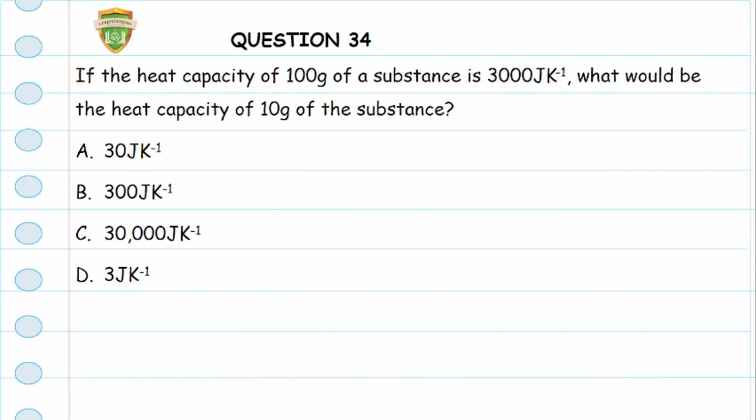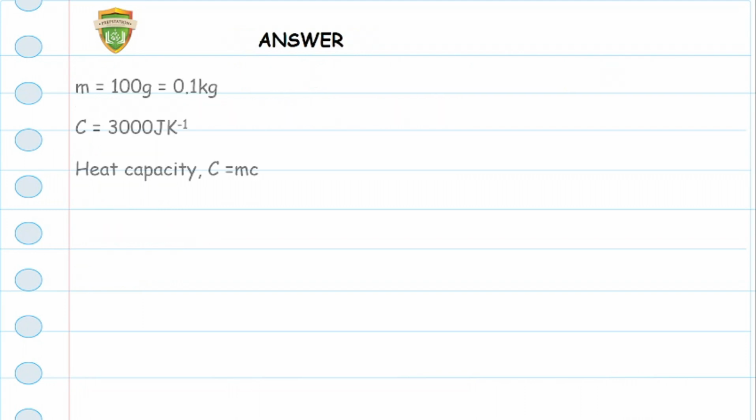Question 34. If the heat capacity of 100 grams of a substance is 3000 joules per Kelvin, what would be the heat capacity of 10 grams of the substance? So once again, we're given these parameters. We're given the mass to be 100 grams, which we convert to kilograms, and we have the heat capacity to be 3000 joules per Kelvin.